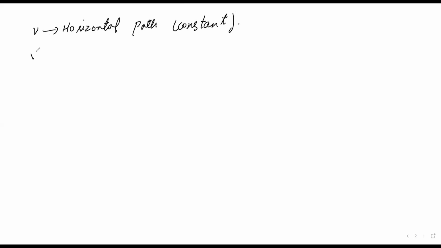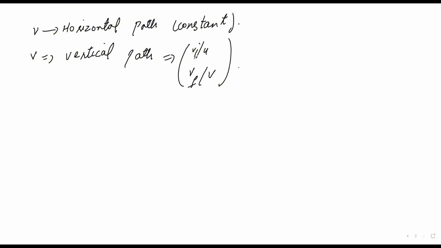But whenever you're talking about the velocity of a body covering a vertical path, now the velocity is going to change. It would have a different initial velocity and a different final velocity, right? So they both would be different things. Now we'll talk about distances, we'll talk about the velocities one by one, and we'll talk about their formulas.